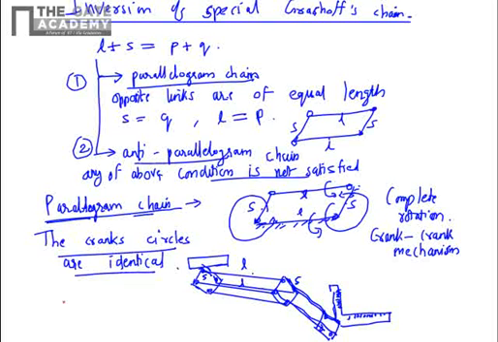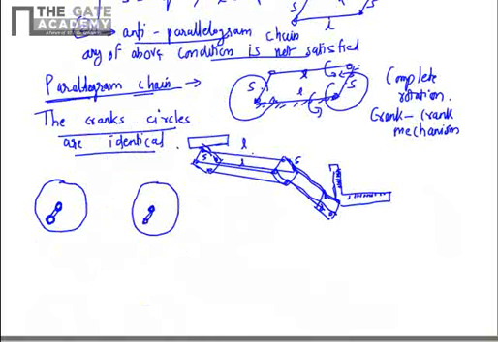Another application of this mechanism you can see in train and locomotive wagon wheels. So this is the center of the wheel. There you see some off-center crank. These two cranks are joined together.